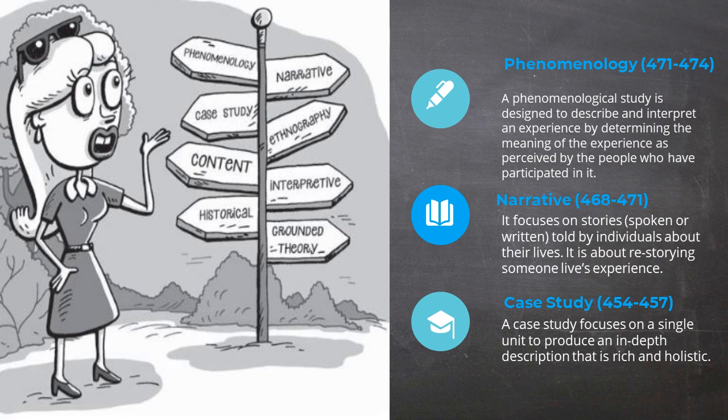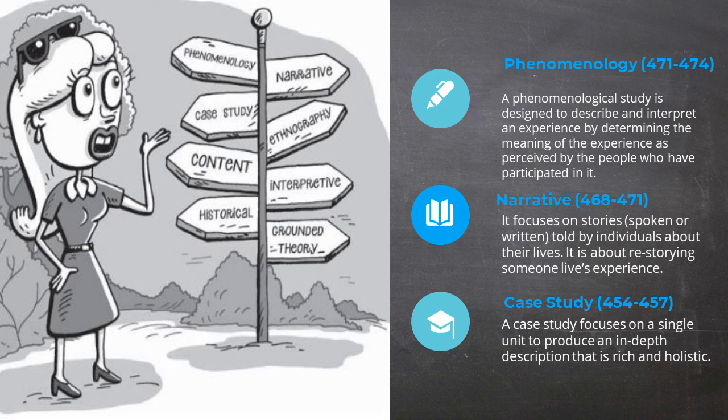In restoring a person's life, you have to consider: is the story authentic? Is the story real? Who actually owns the story? And does the researcher have permission to share the story?